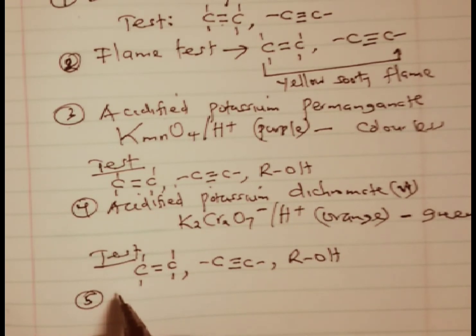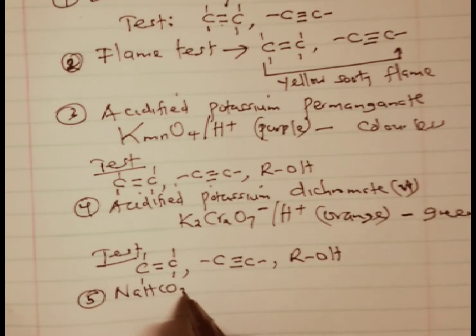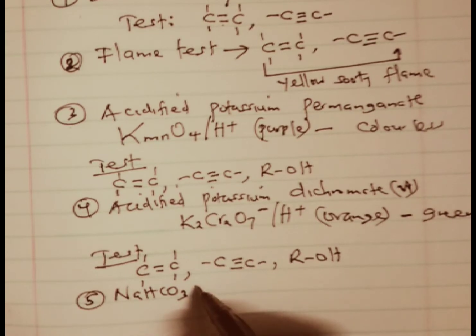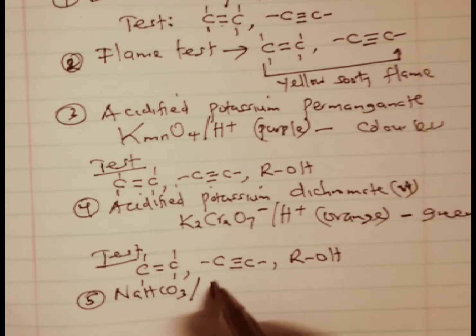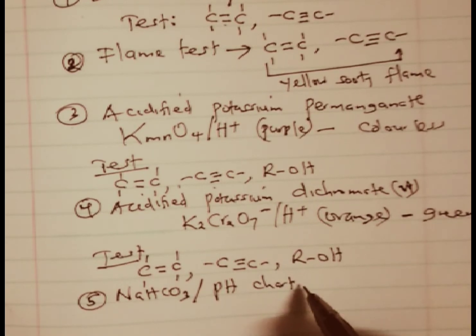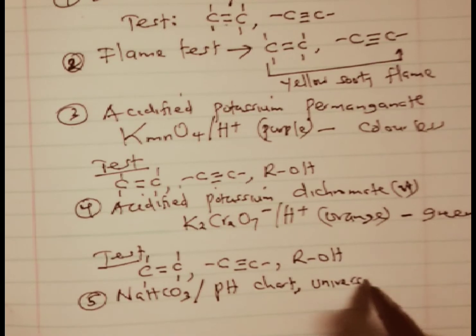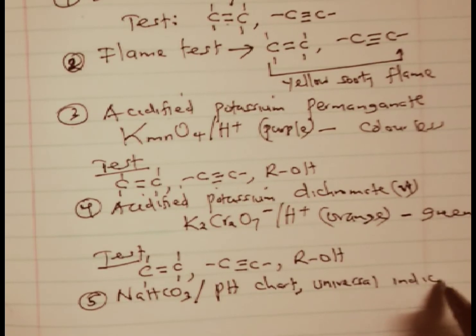You can be given sodium hydrogen carbonate. If you don't get sodium hydrogen carbonate, you can be given the pH chart, and mostly the pH chart is used together with the universal indicator.